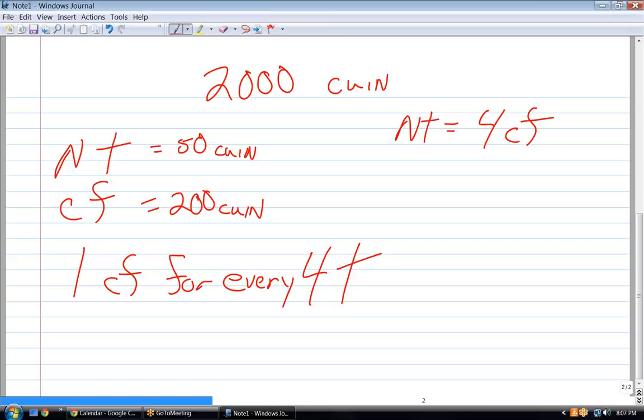For the objective function... 50 times NT is the amount of space it needs, plus 200 times CF has to be less than or equal to 2,000.